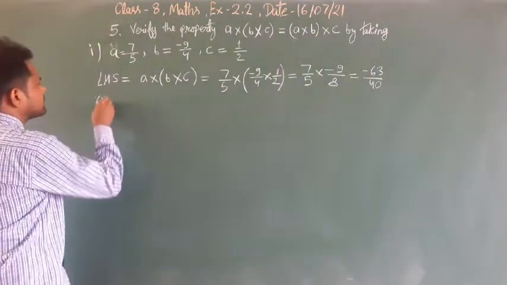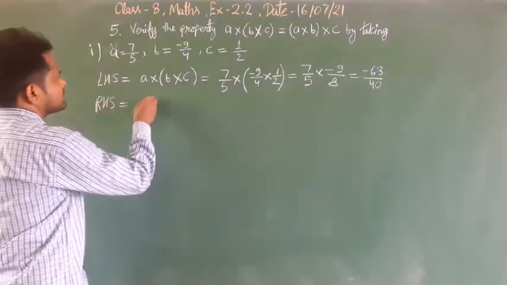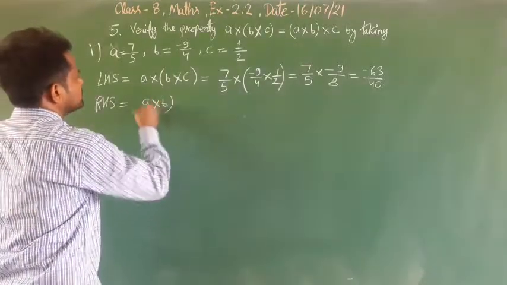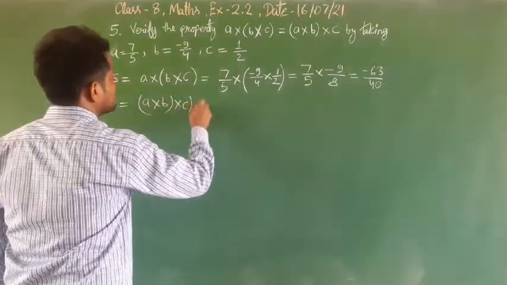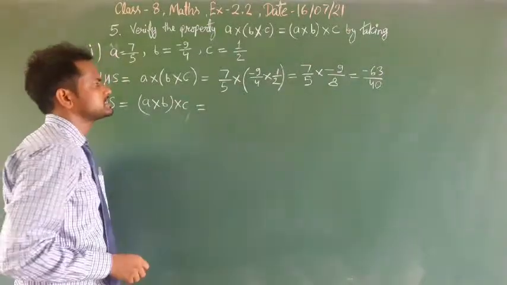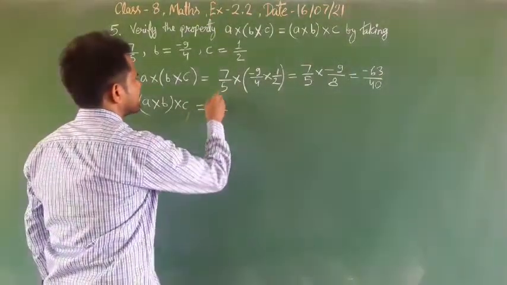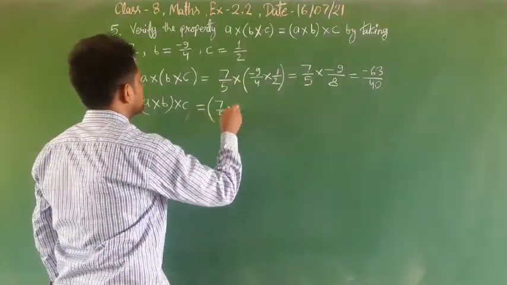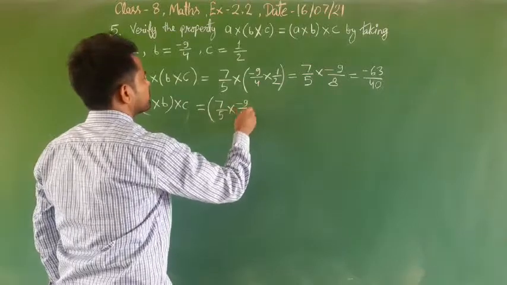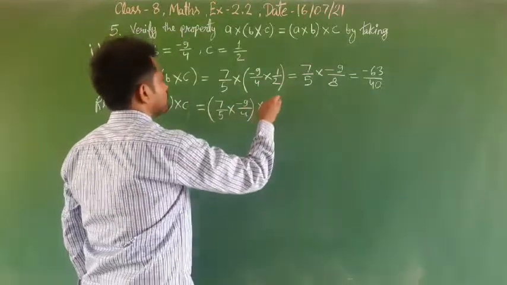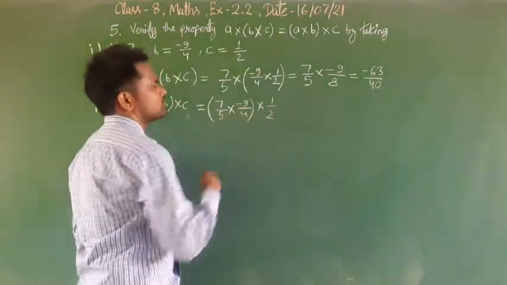Now take the right hand side, that is (A into B) into C, and put the values of A, B, C in it. We get (5 by 7 into minus 9 by 4) into 1 by 2. Now solve this.